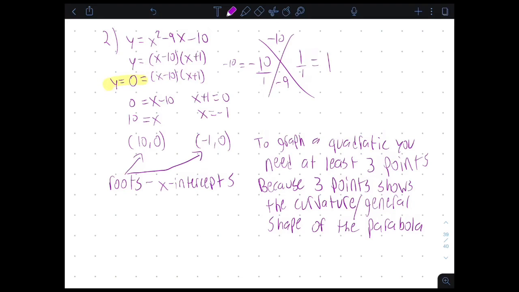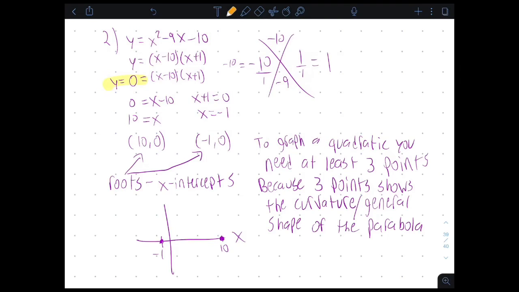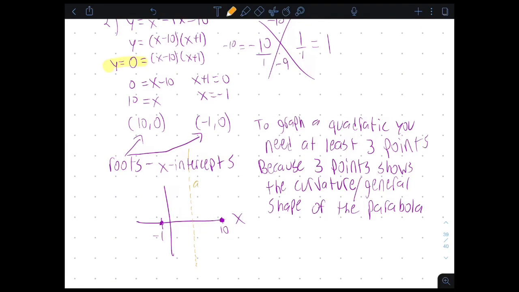If we have a general shape like this, we know it's going to touch at x equals 10, and we know it's going to touch at x equals -1. These are x's. I'm taking the x's from each of those two coordinates. We know that we're going to touch here and here. The next best point to find is the one that's directly down the middle of those, where the vertex is going to be.